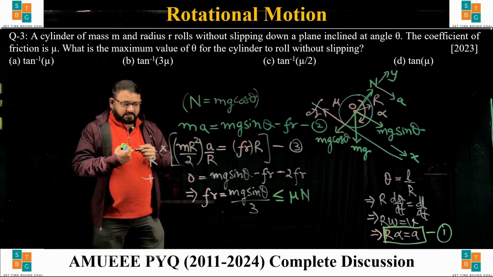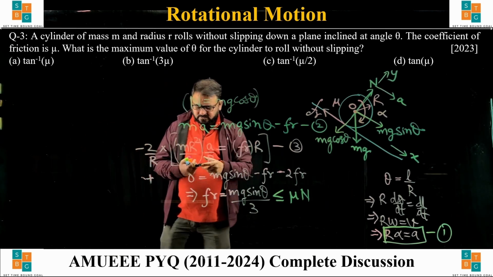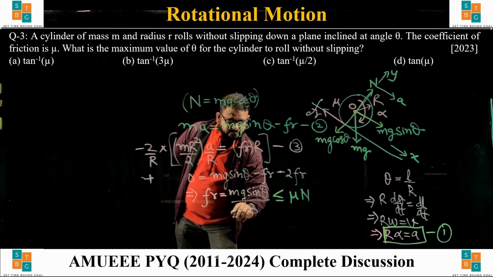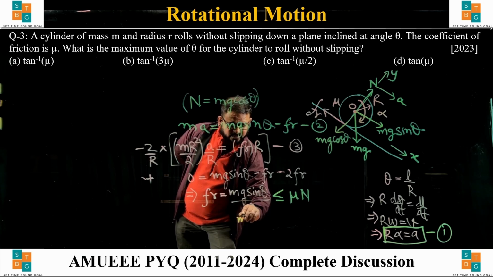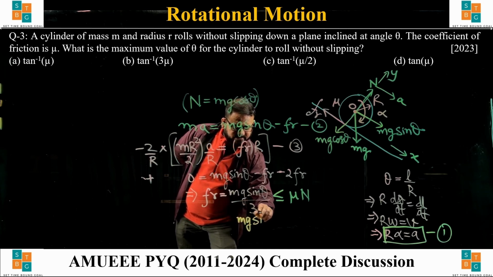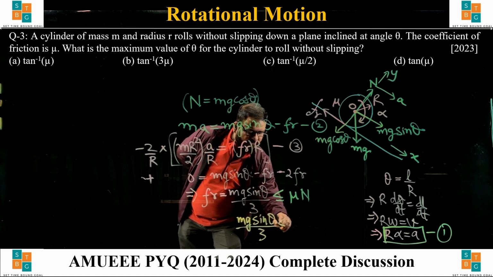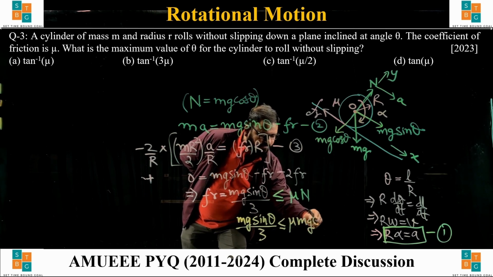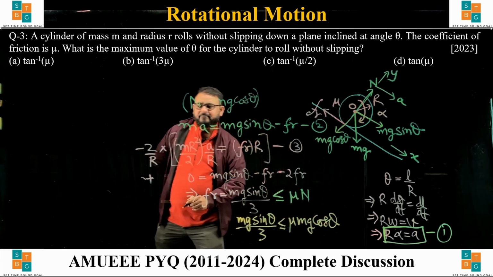Okay, now we can introduce this here. Then what do we get? mg sin theta divided by 3 is less than or equal to mu times mg cos theta, right?